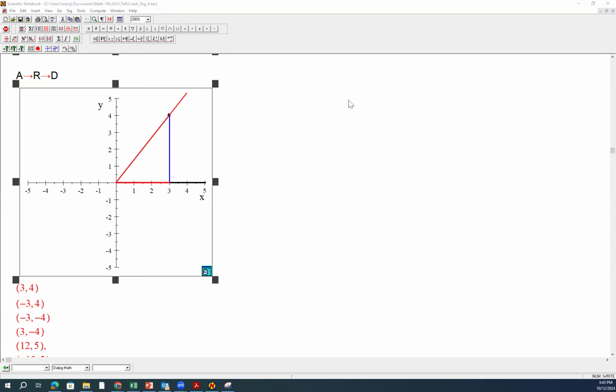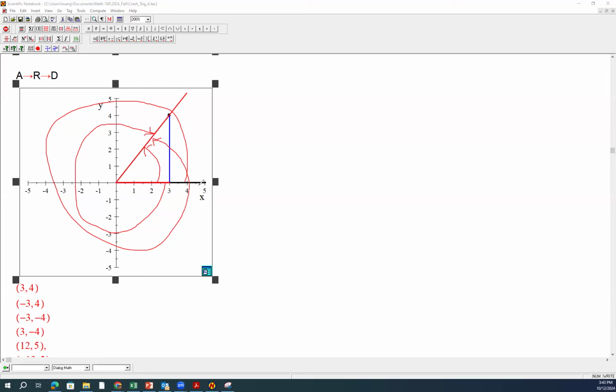Okay, so I'm going to use some tools to show you. All right, so you can see this is our terminal. So the angle could be this one. But the angle could also be this one. And the angle could also be this one.